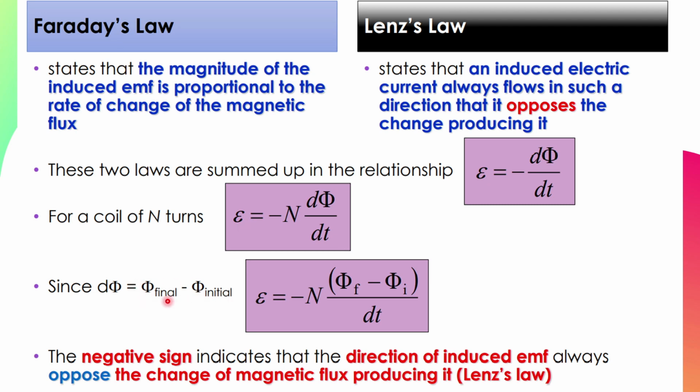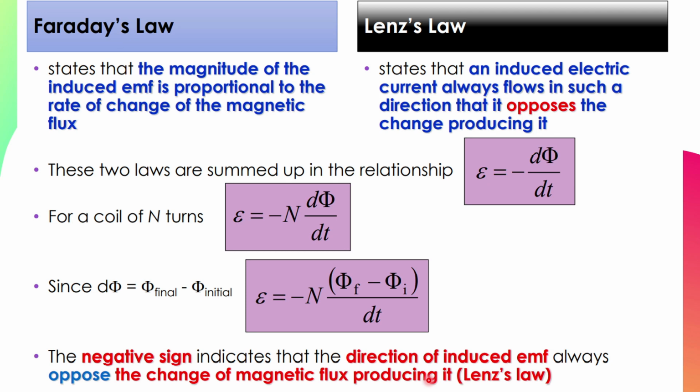So here we have the change of the magnetic flux, the magnetic flux final minus magnetic flux initial. So the negative sign indicates that the direction of the induced EMF always opposes the change of the magnetic flux producing it. And this is referred to as Lenz's law.